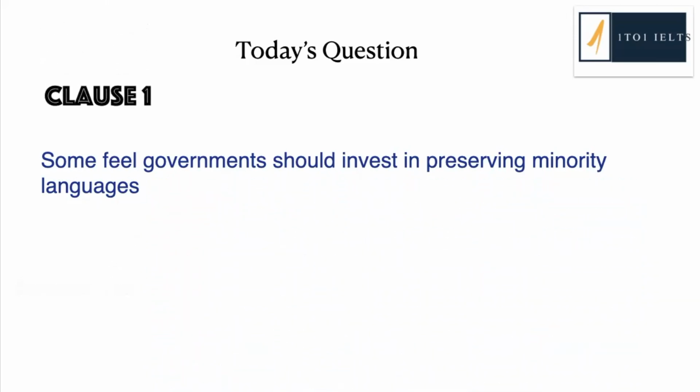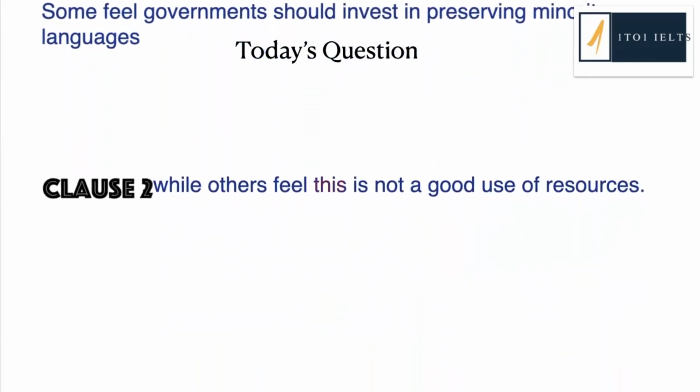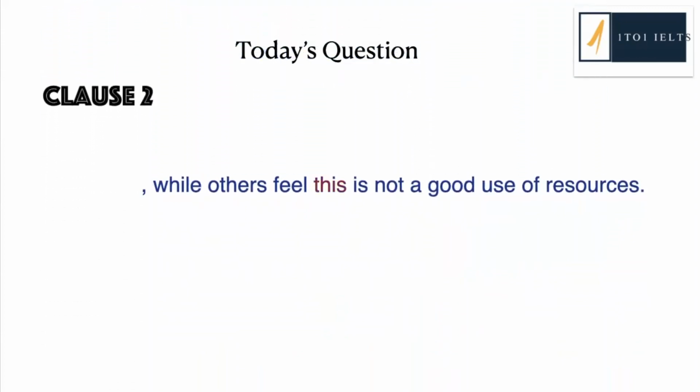This is clause 1, the first clause. This is an independent clause. And this is clause 2. This is a dependent clause. And we can see this word this. This is a referencing word.